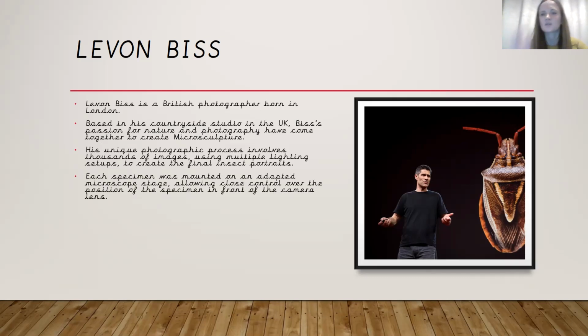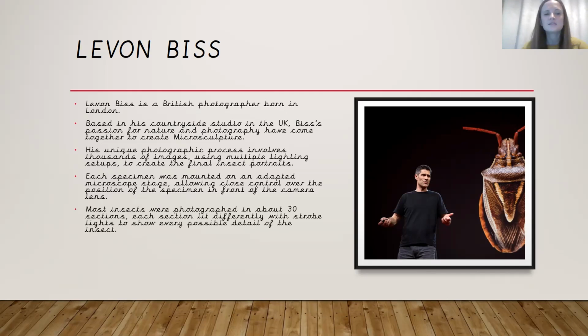Each specimen, so each type of insect, has been mounted on an adapted microscope stage, allowing close control over the position of the specimen in front of the camera lens. So it means it's been mounted so that it can be moved around to make sure it gets the correct position in front of the camera.